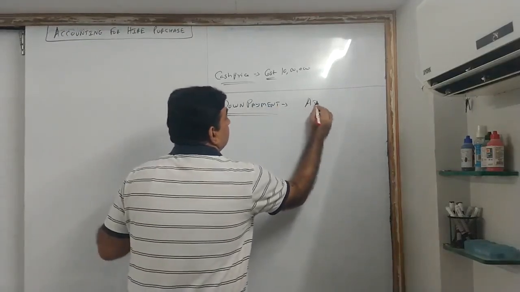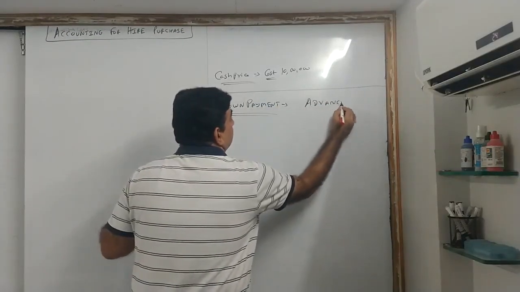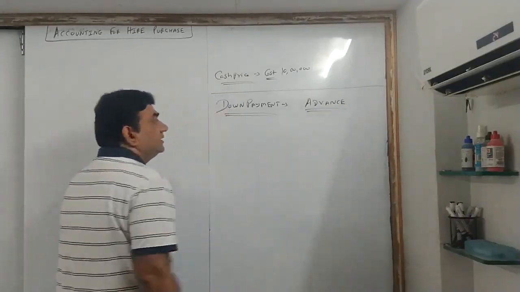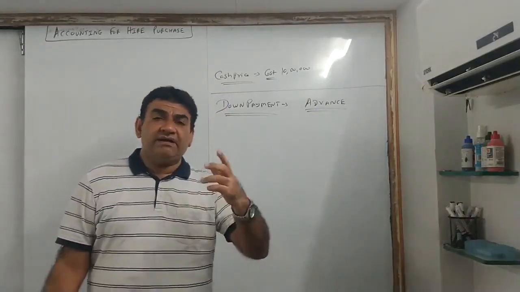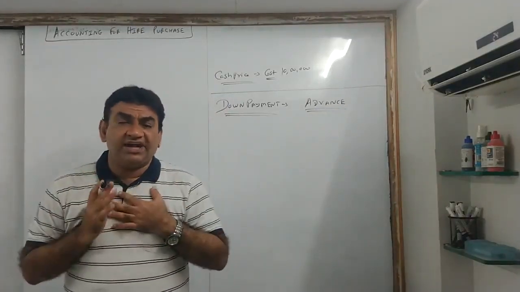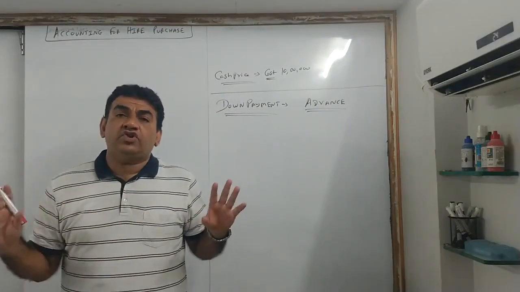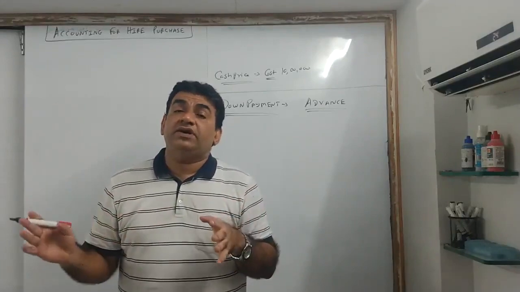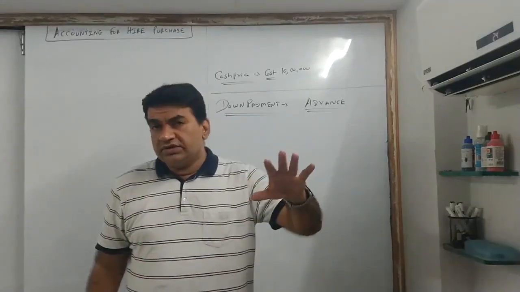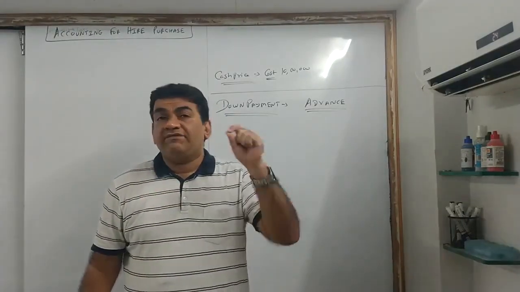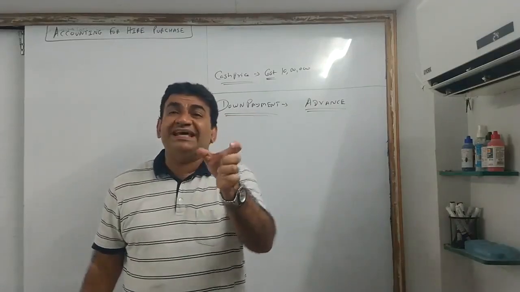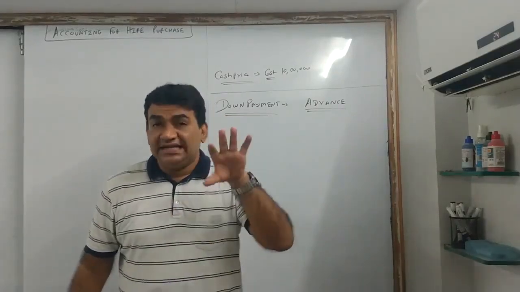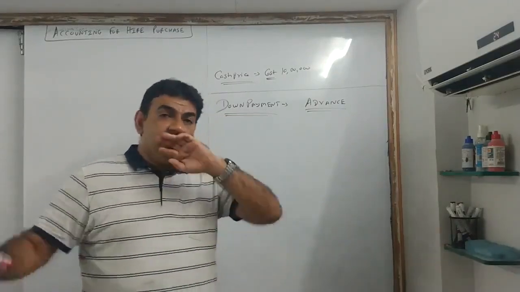Down payment is nothing but the advance payment made. You say, I am taking this car, I don't have money, I want installment facility for 4 years. I will pay the money over a period of 4 years. So they say, okay, fine. You will have to enter into an agreement which is called a hire purchase agreement, and initially you have to pay something.